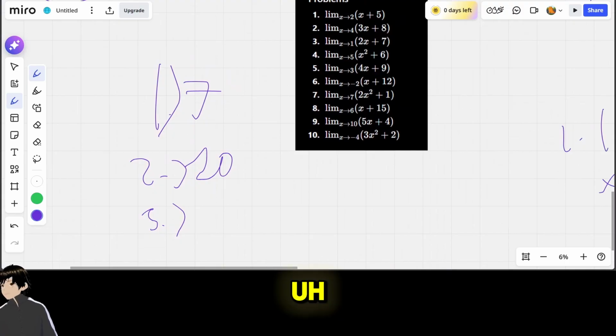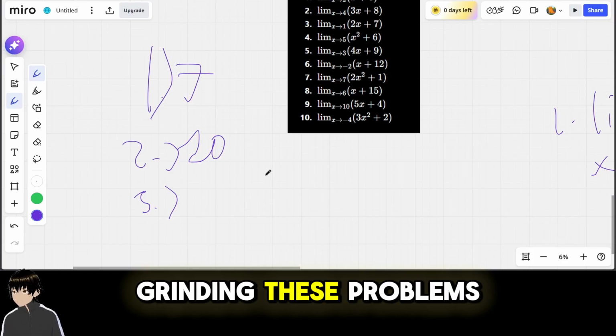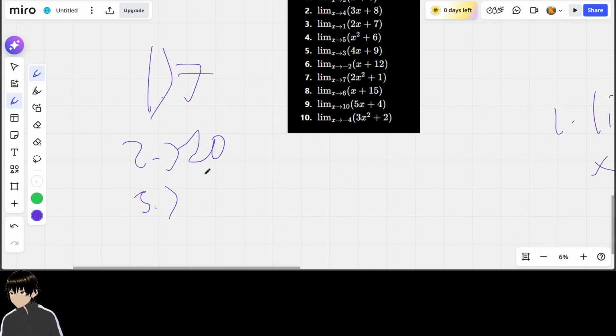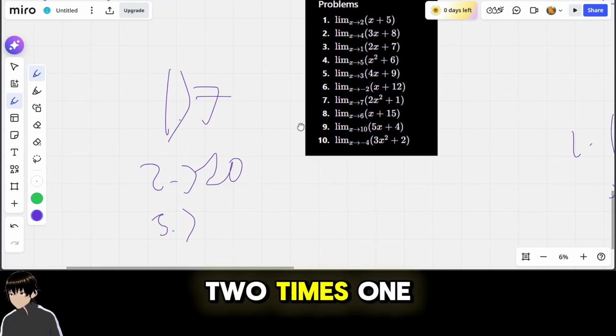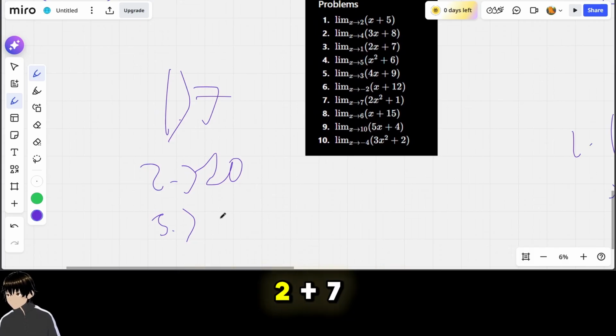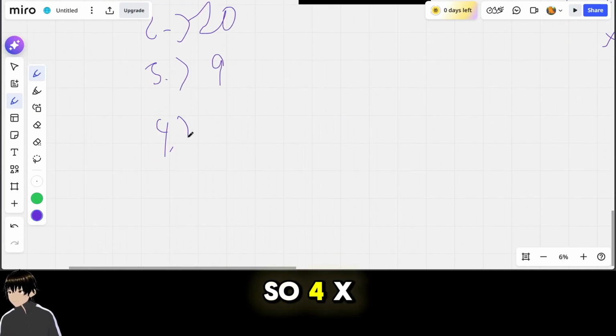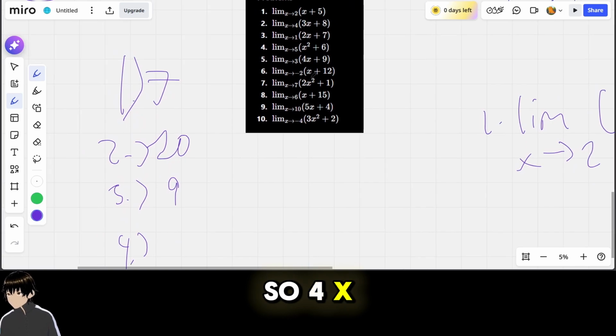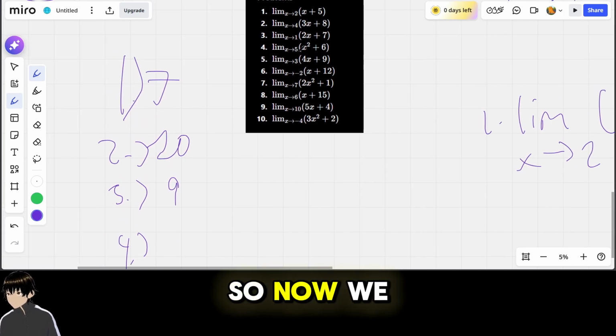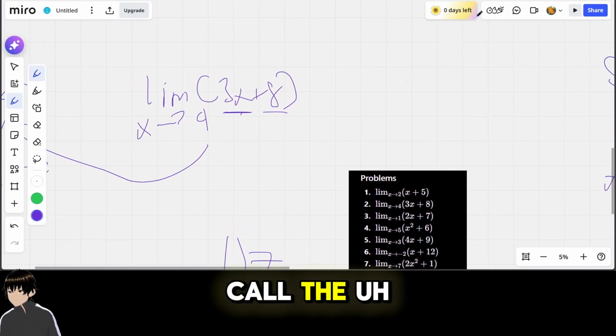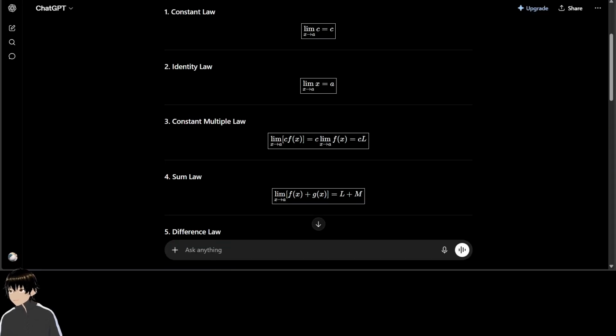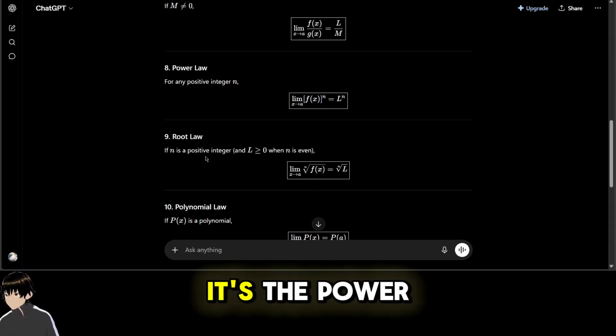Let's just keep grinding these problems. 2 times 1, that's going to be 2 plus 7, which is 9. Then for 4, we have x. So now we have what we call, I believe, the power law.